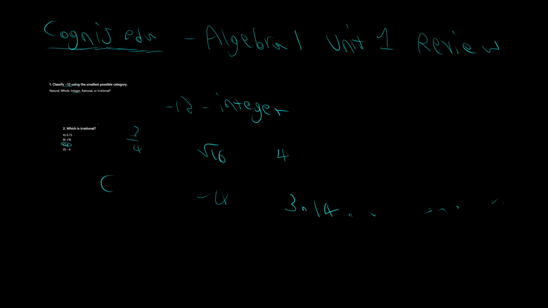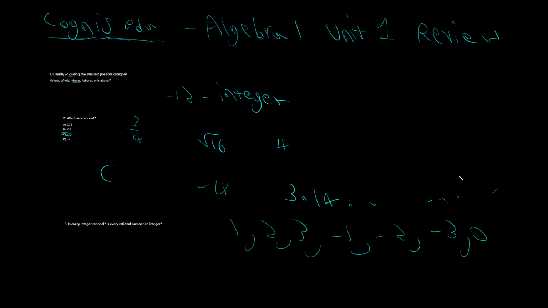Question 2. Is every integer rational? Integers are 1, 2, 3, -1, -2, -3, and they can be 0.